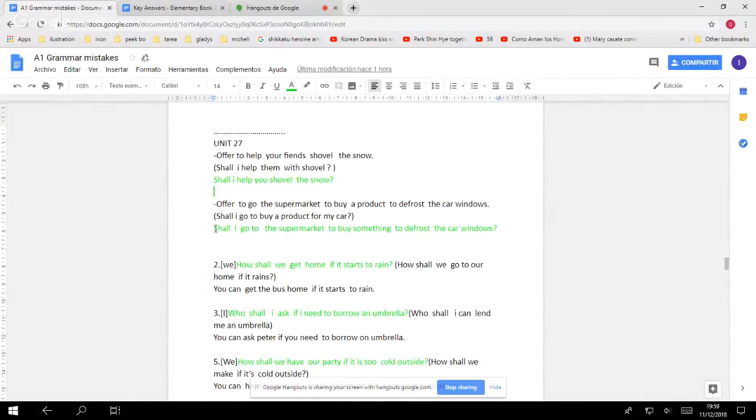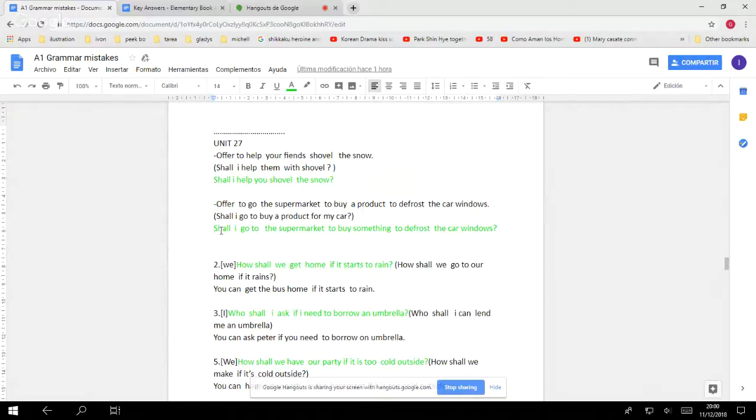The correct is, shall I go to the supermarket to buy something to defrost the car windows? But how is it correct? I say I go to buy a product for my car.